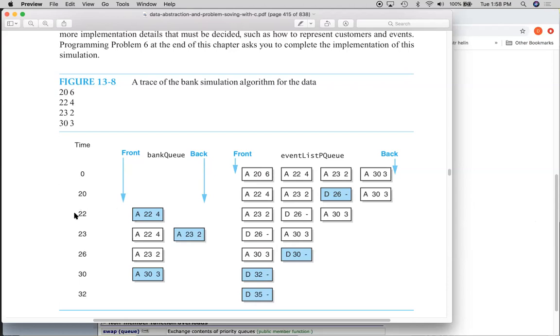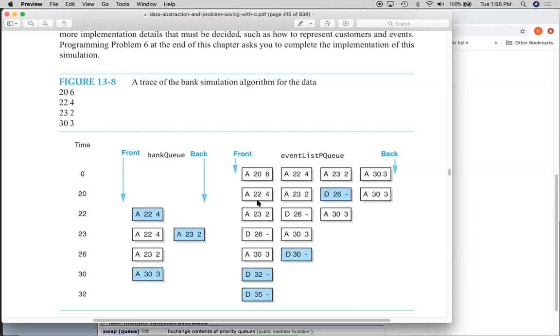Okay, so moving on. At this point, I say, okay, priority queue, give me the event in your queue now that has the highest priority. The priority queue is going to say, it's this one here, arrival time 22, duration 4.